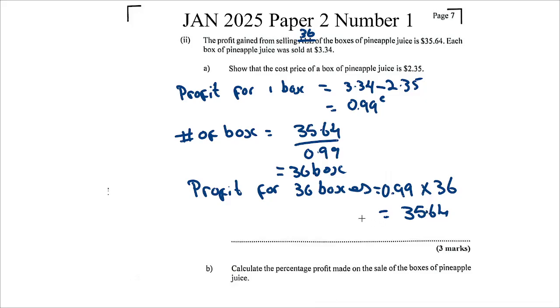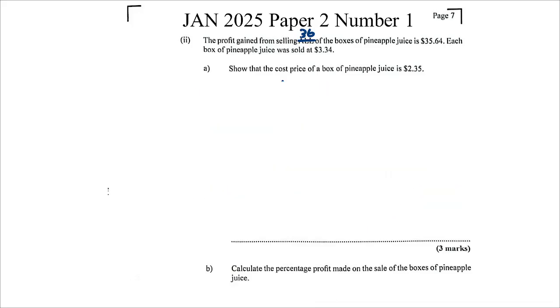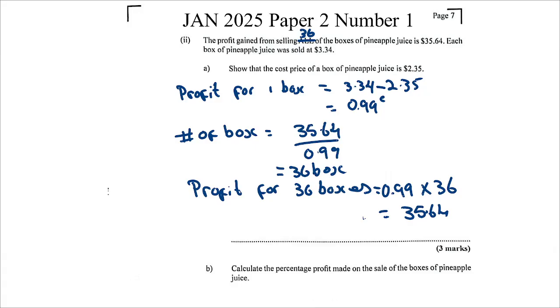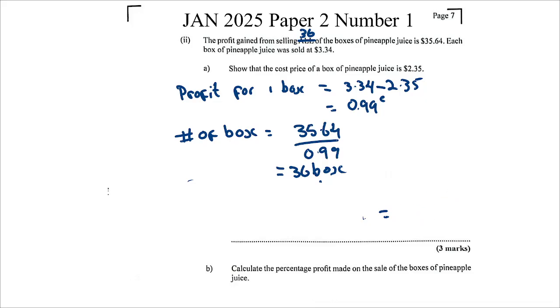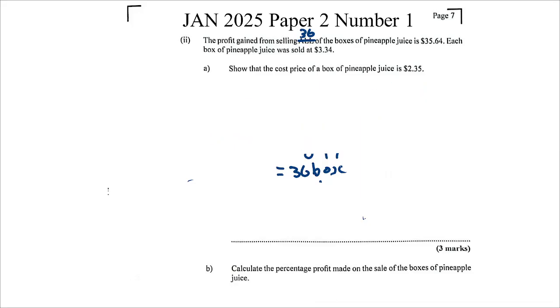That's just redundant. I was going with if you did not know how many boxes it was, so I just showed that it was 36 boxes. However, the question says show that the cost price. So we know it's 36 boxes. Let's erase this now and do the actual question.